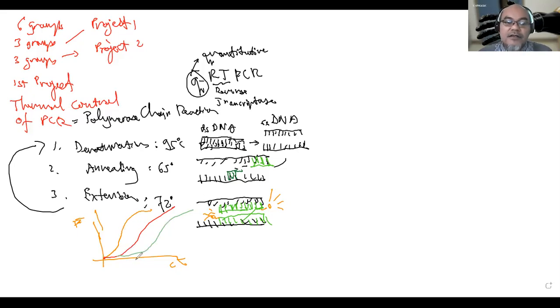So if the CT, the cycle threshold, is still small and you already have a lot of increased amount of the gene, it means that you are at the beginning of infection, or at the peak of your infection. The viral load in your body is a lot.